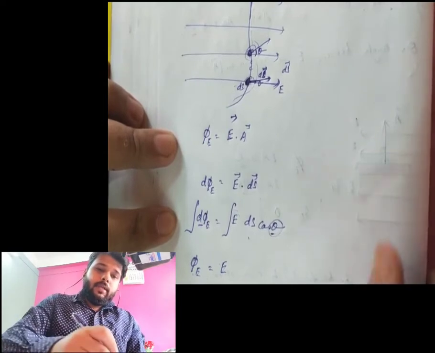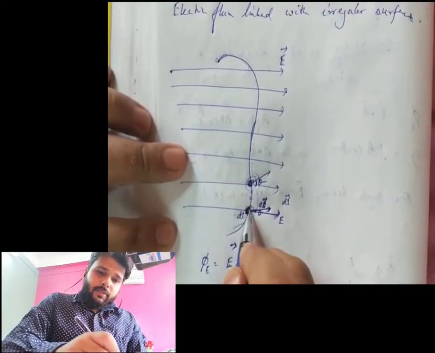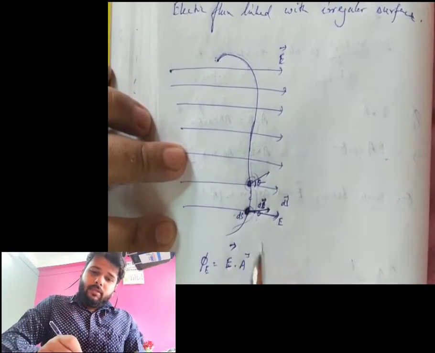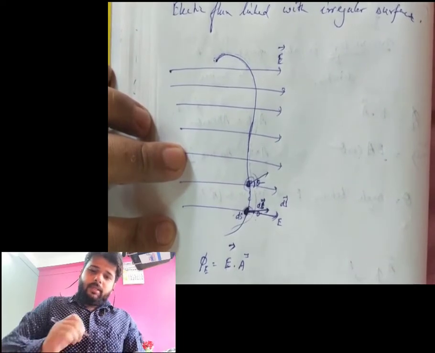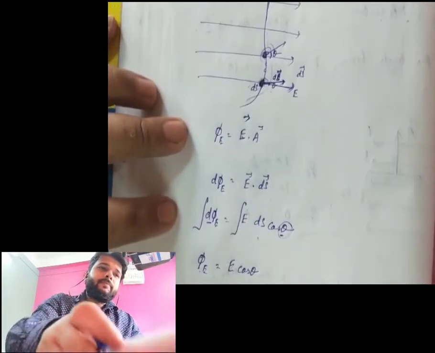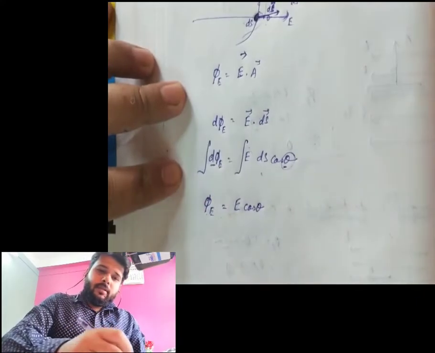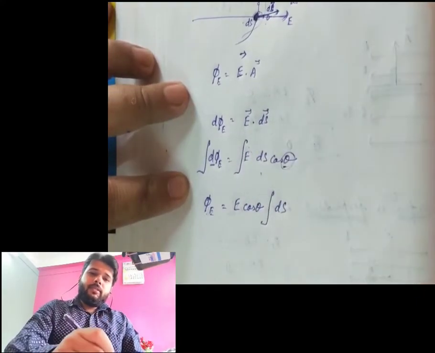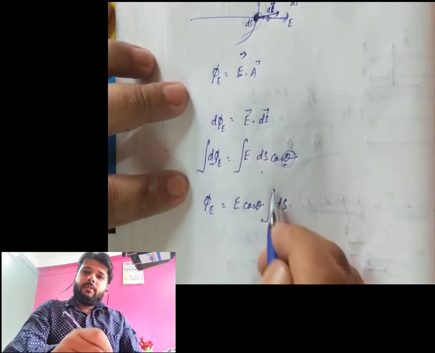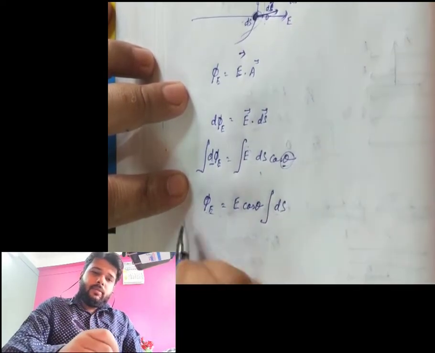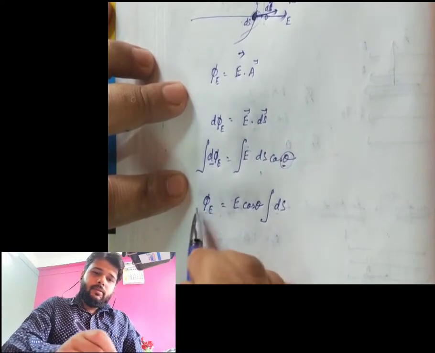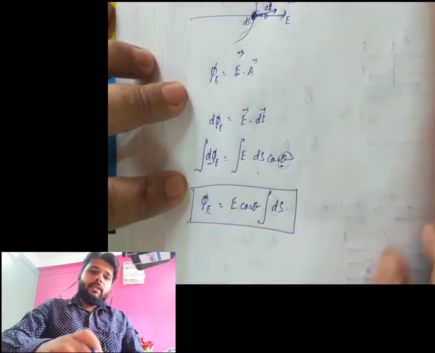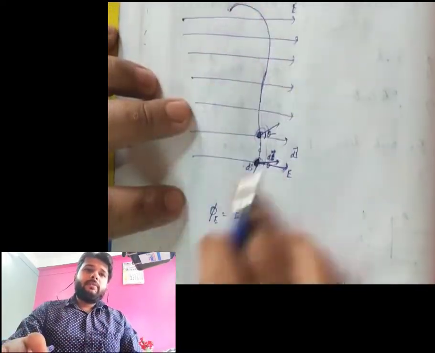Because I have taken this small ds, and for this small ds theta is constant, so we take theta out too. So E cos theta, and next the integral of ds, which will be the total electric flux linked with this surface.